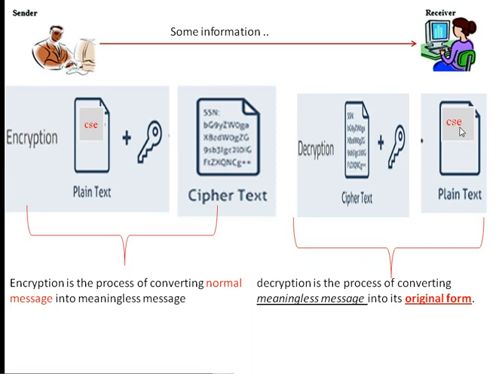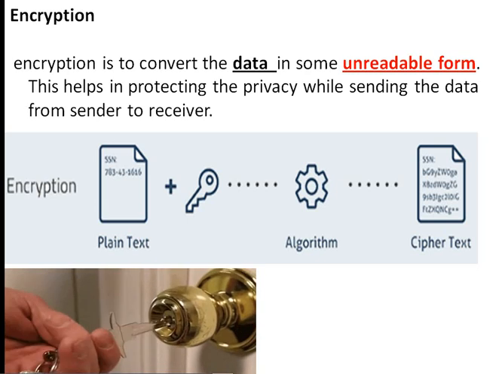The original form message is what? CSE. Here CSE came, right? How? With the help of decryption. How is the ciphertext formed? With the help of encryption. So this is the main scenario to understand this subject. I hope you have understood this concept.